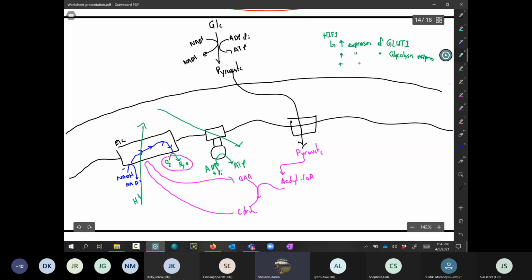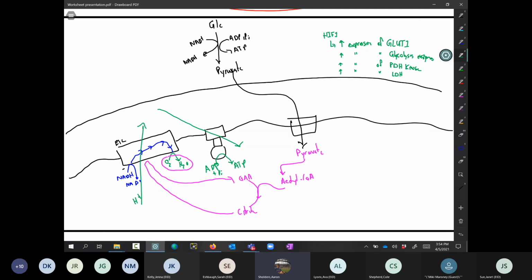And it will increase expression of PDC or PDH kinase. And then also increase expression of LDH.